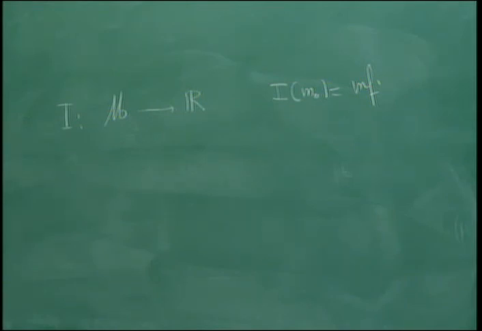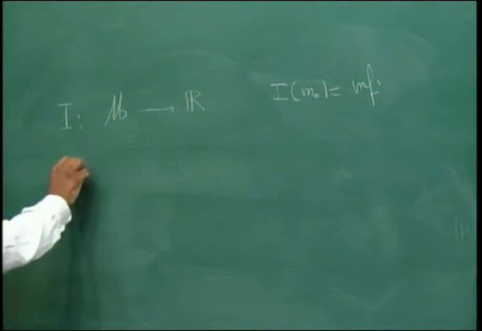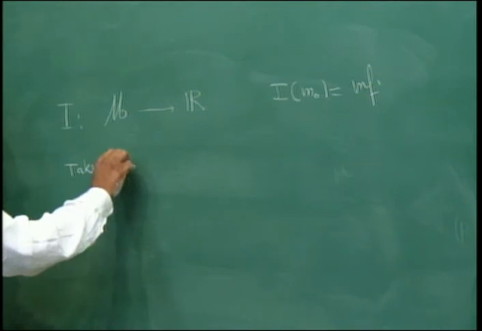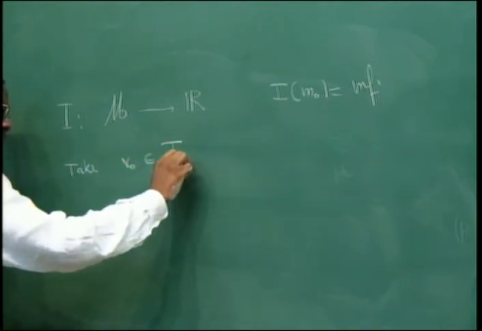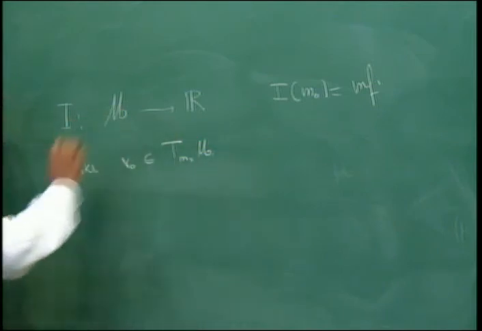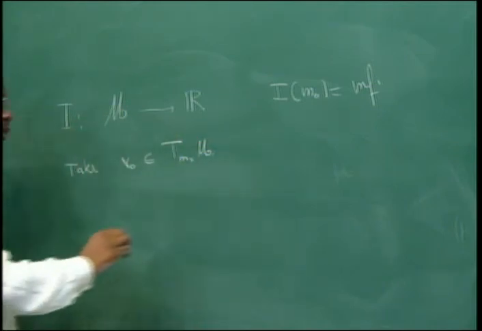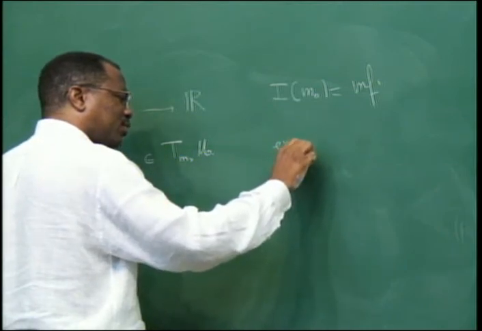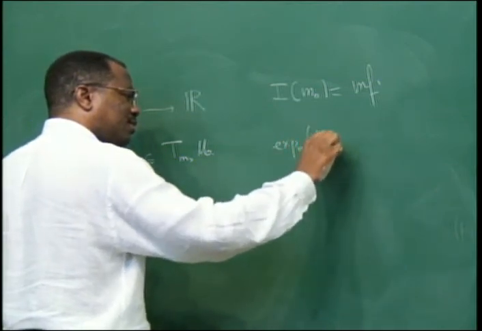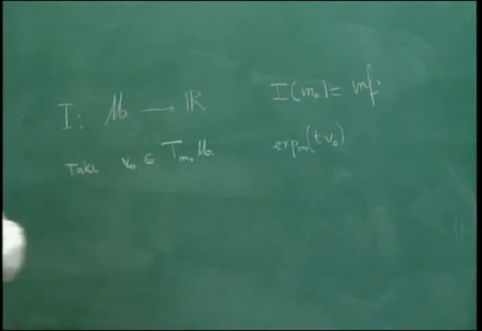So first, I am going to take V naught, a tangent vector at M naught. And I am going to look at the curve exponential of M naught, T V naught. So this is the geodesic curve passing through M naught and of direction V naught.